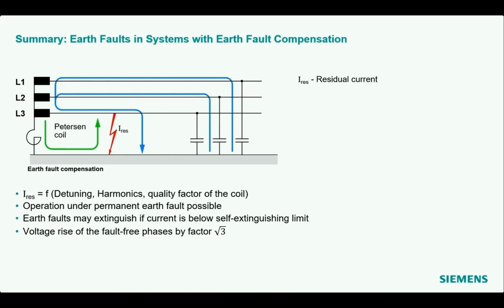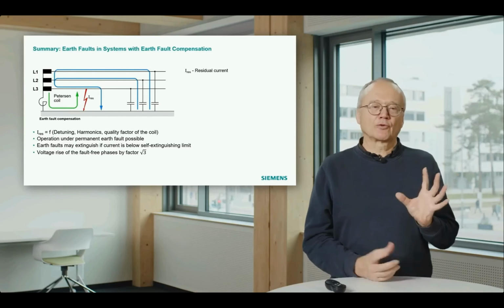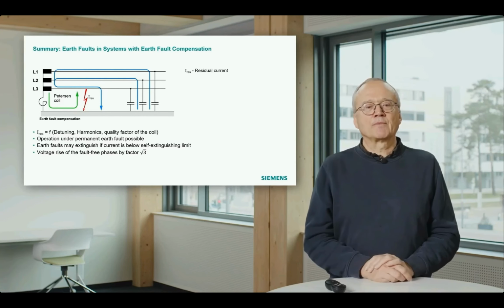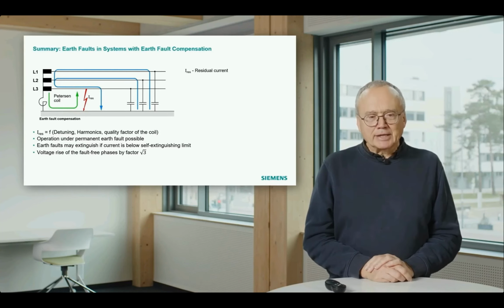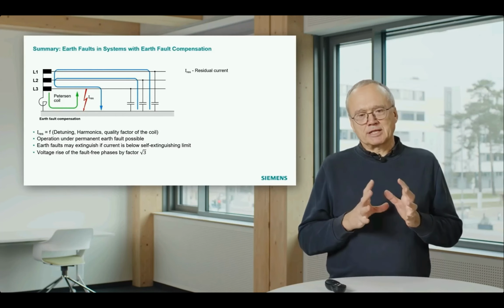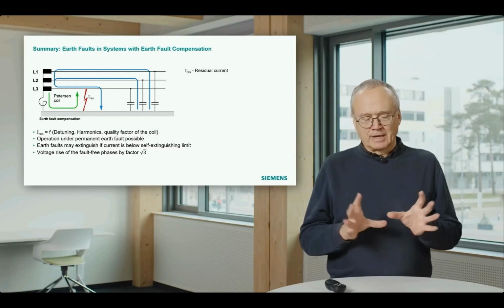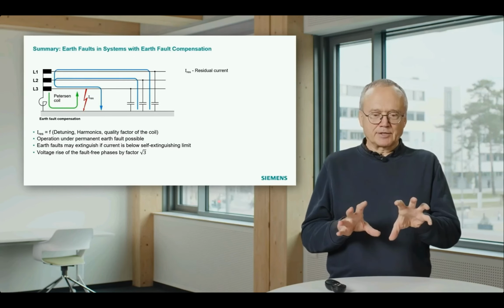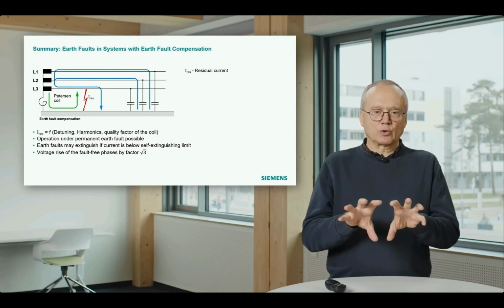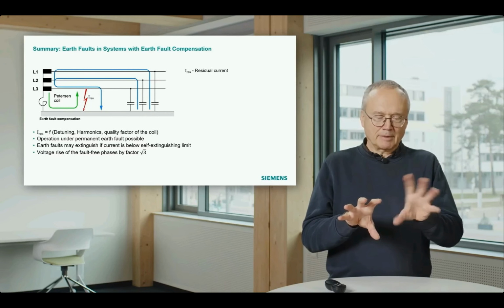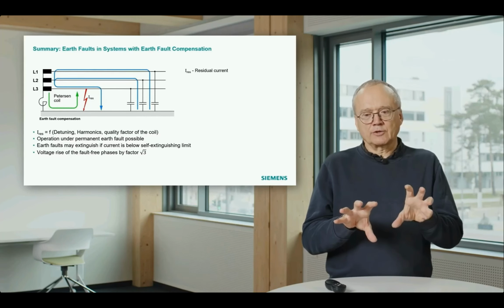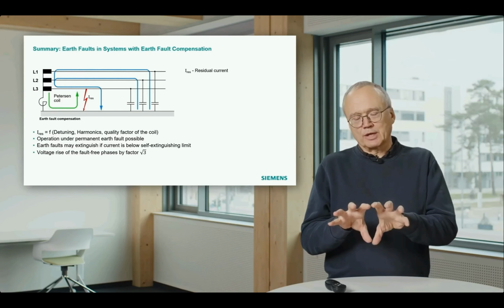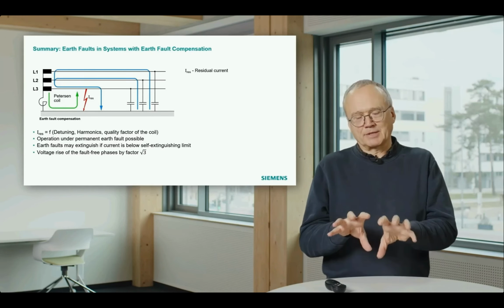We have an earth fault current which is theoretically zero. Practically, of course, it's not always zero; it depends on the tuning. As I said, this reactance must be adapted to the capacity. That means it's a tunable coil, and you must tune the coil so that it compensates the capacity.